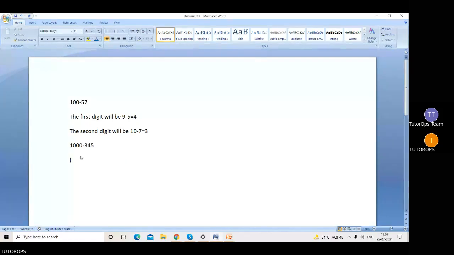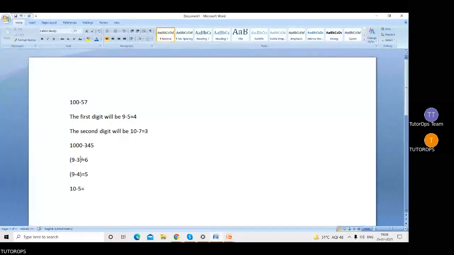So the digit at the hundreds place will be 9 minus 3. That is 6. The digit at the tens place will be 9 minus 4. So that will be 5 simply. And the final digit will be 10 minus 5.